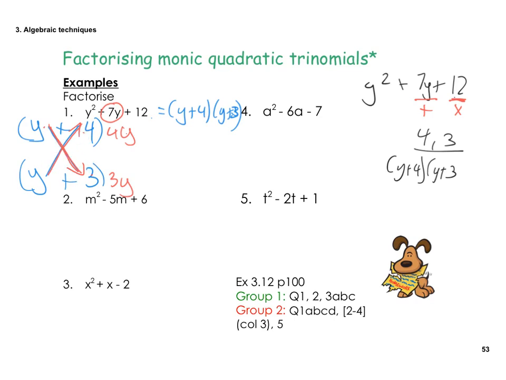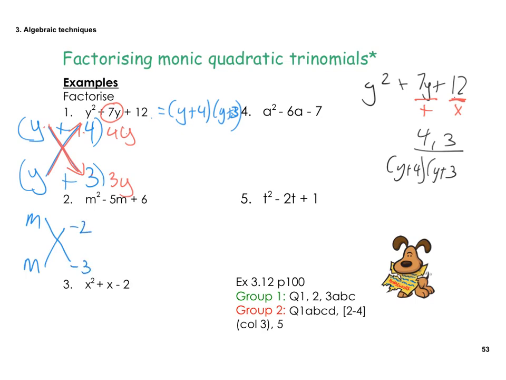Okay, so question 2. Let's start by drawing up a cross. Now remember, m squared goes here and here. All we can have is m and m. Now the fun part. Two numbers times to give 6, but when we put them here, we must add to this middle term here. And I believe minus 3 and minus 2 should work.